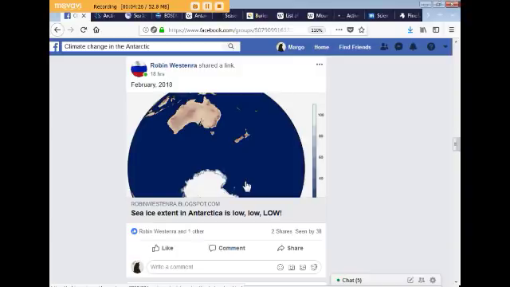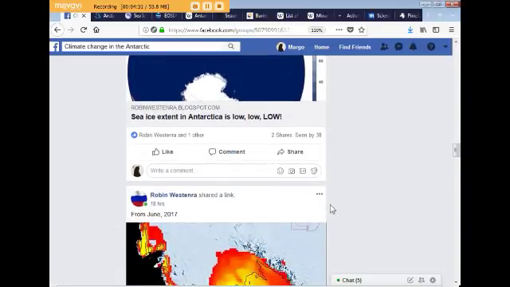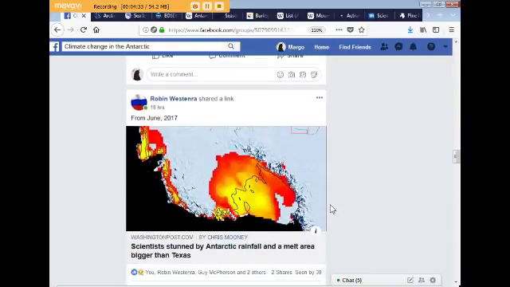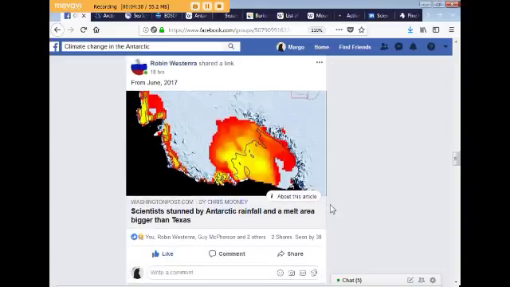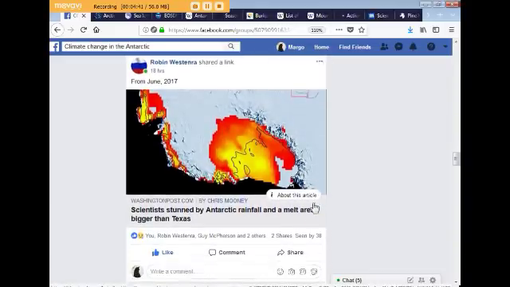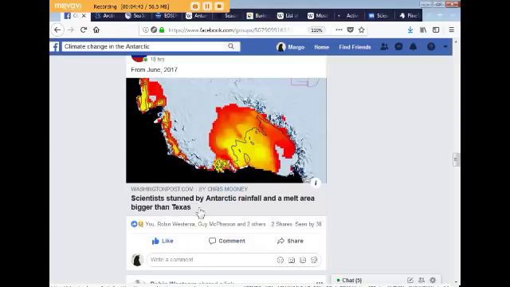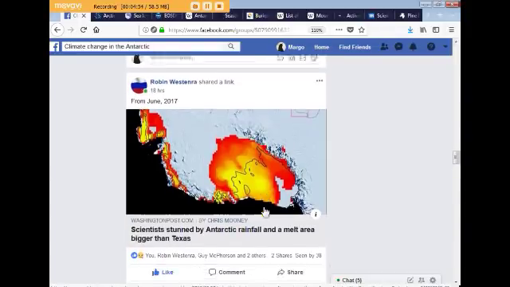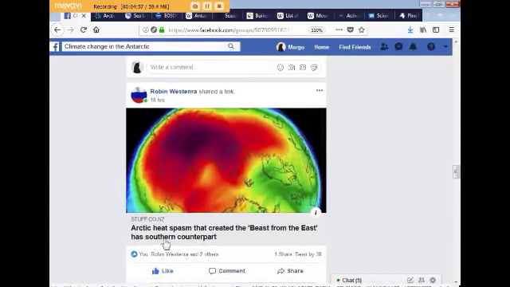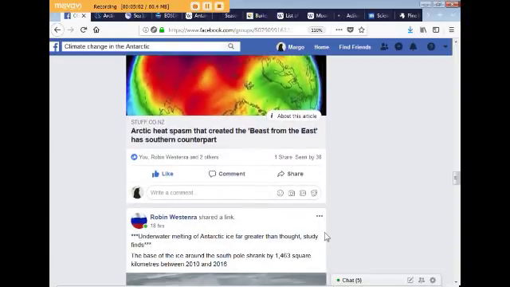He's got lots of information on his blog, and he lives in New Zealand, so this information is close to his heart because he's right down there close to the Antarctic. And here's from June 2017: Scientists stunned by Antarctic rainfall and a melt area bigger than Texas. It's not supposed to rain down there. So, an Arctic heat spasm that created the beast from the east has a southern counterpoint.